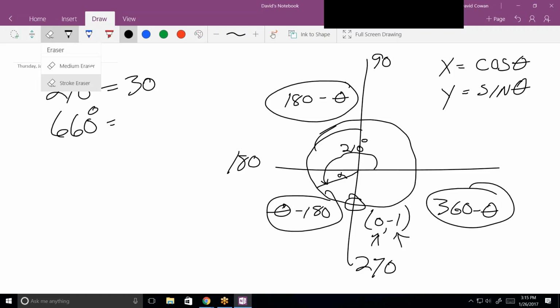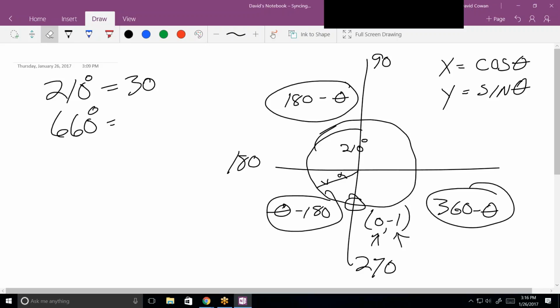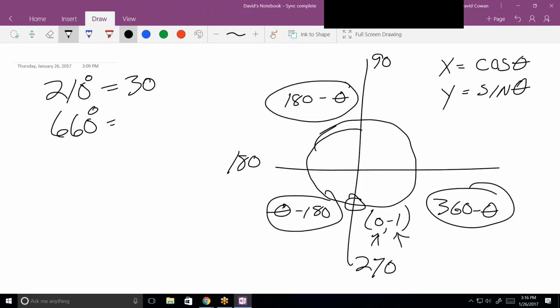When you have angles that are outside of the unit circle, meaning greater than 360, what you want to do is subtract as many multiples of 360 as you can. That puts it into the unit circle. If I subtract exactly one multiple of 360, then I get 300.